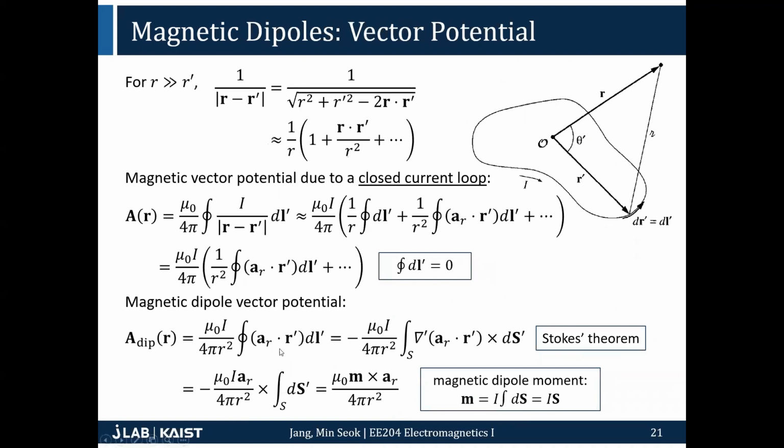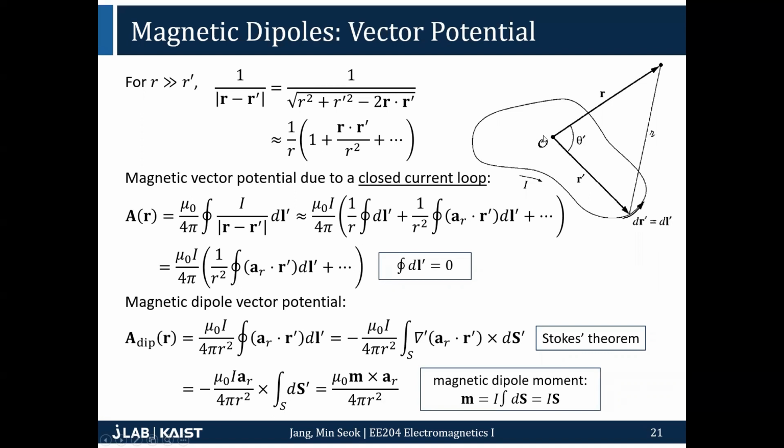And then what we talked about was the magnetic dipoles. Okay, so we have a current carrying loop, and we want to know the magnetic field pattern very far away from the loop. In this case, we can make an expansion, like a Taylor expansion, by using the fact that r is much larger than r prime.